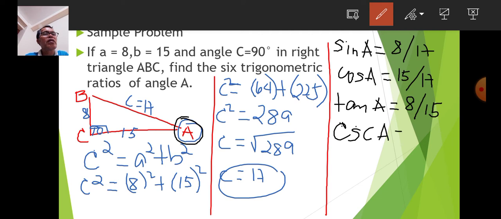Cosecant A is equal to the reciprocal of sine A. So if sine A is 8 over 17, cosecant is 17 over 8. The reciprocal of cosine is secant.